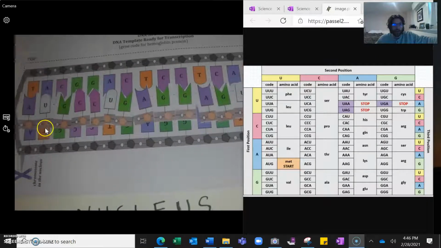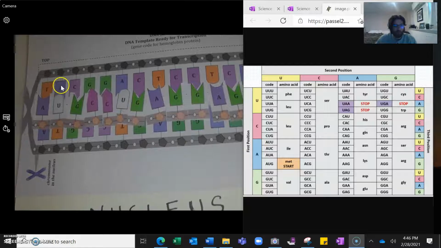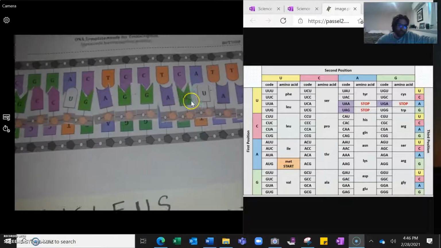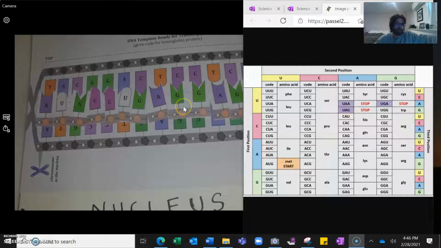You can see everywhere there's an A, there's a T. Everywhere there's an A, there's a U, which is actually different with RNA. A C with a G, G with a C, excuse me, and so on and so forth. And everything matches up. Okay, so that first step is called transcription. We've just transcribed the DNA.